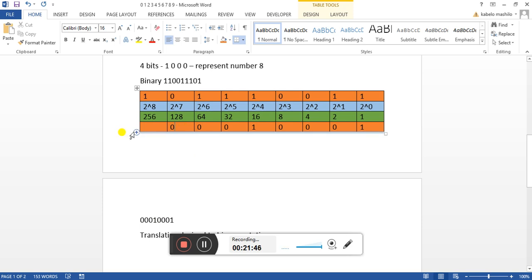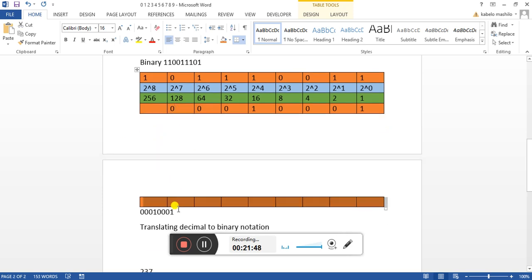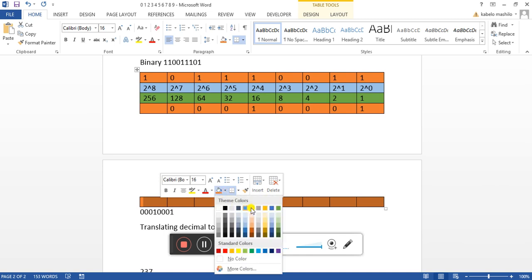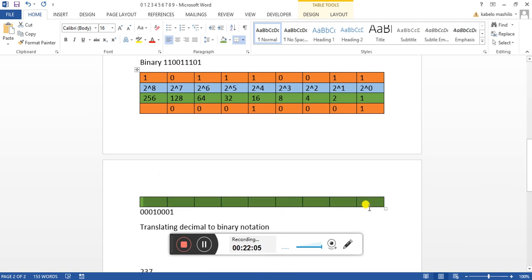So now we need to find in which position. So we will highlight this to color green. So in which position?